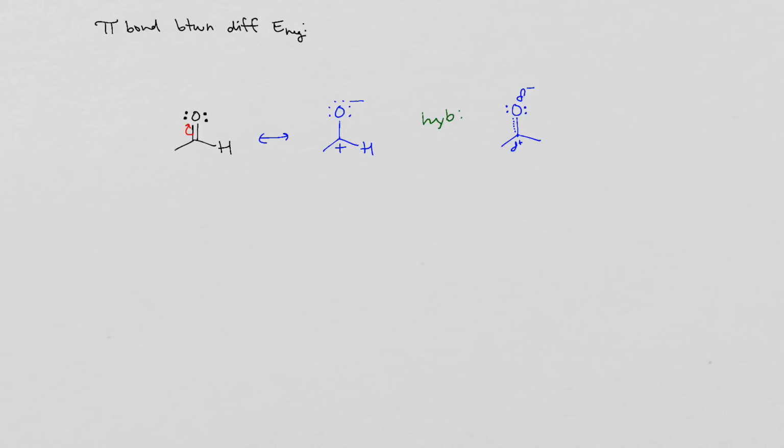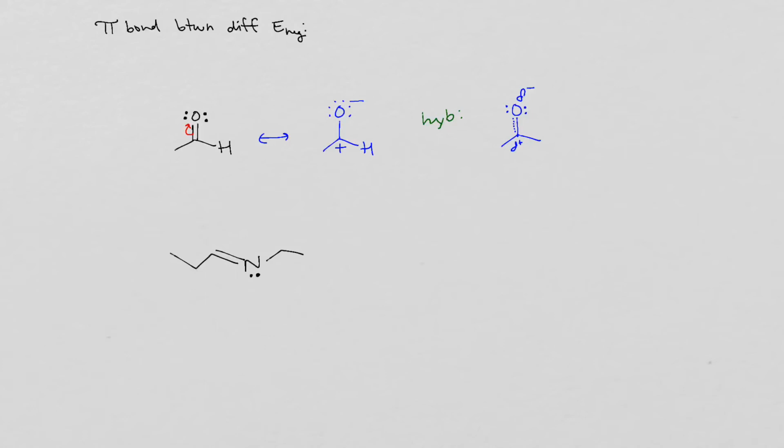One more example for this scenario to give resonance. We'll throw a nitrogen in there this time. And let's go ethyl on the other side. So, pi bond between two atoms of differing electronegativity.